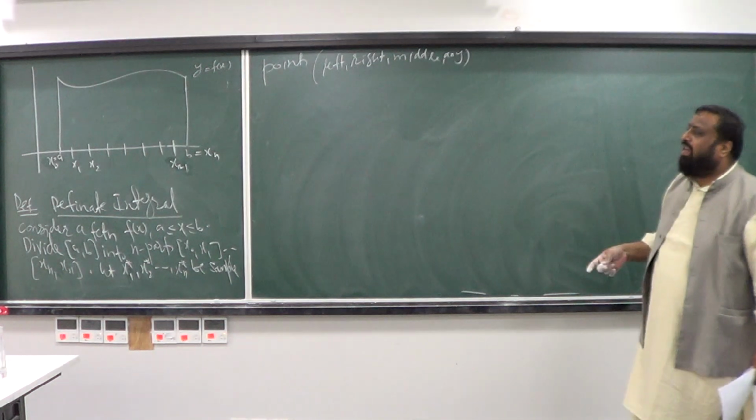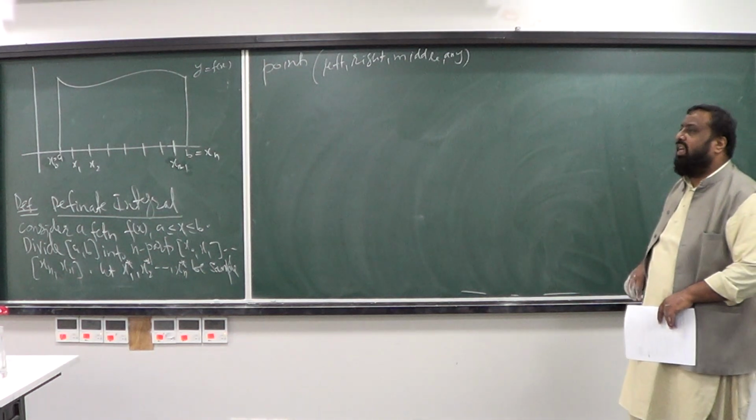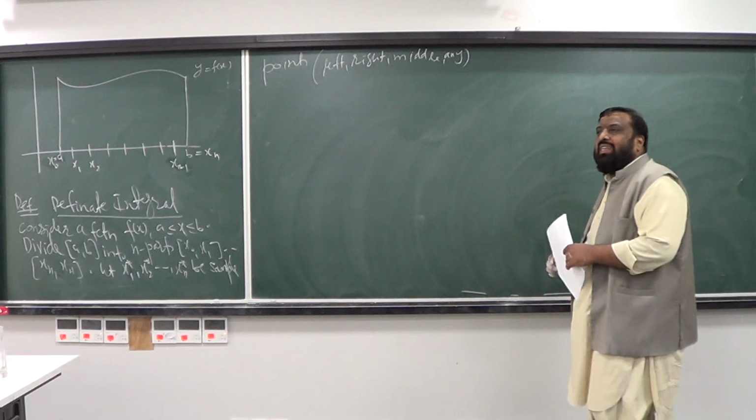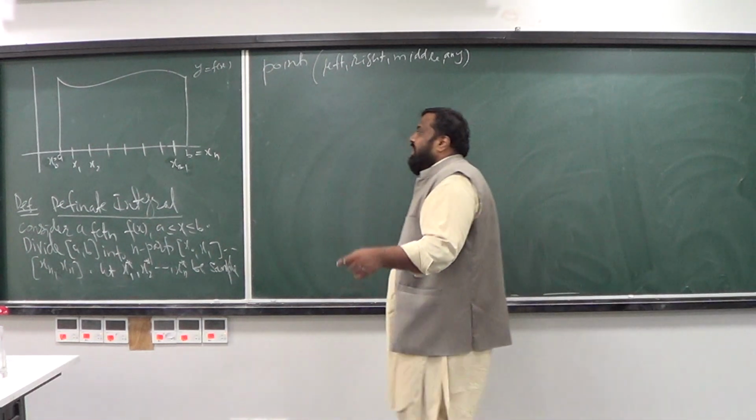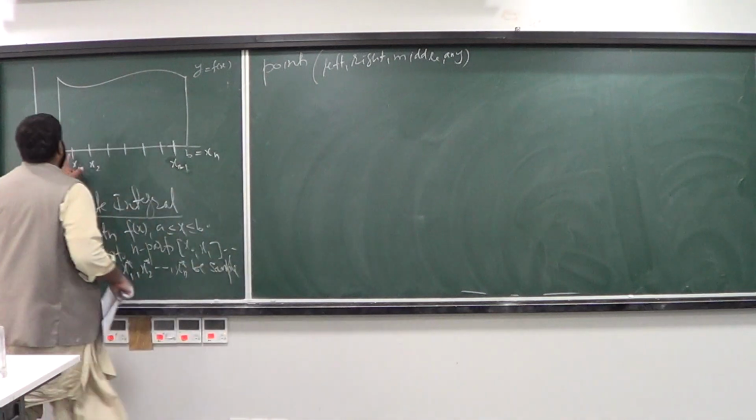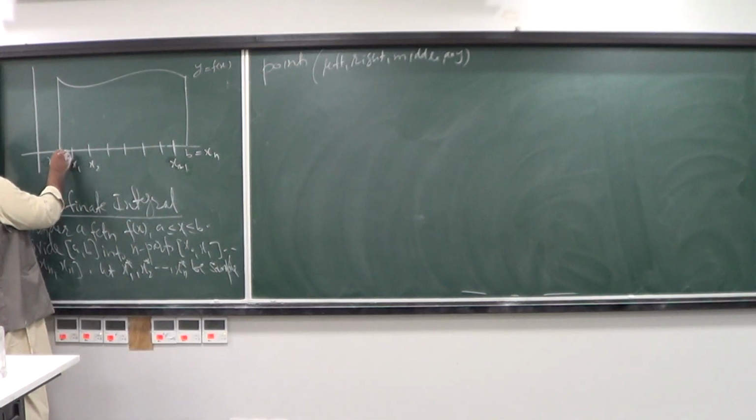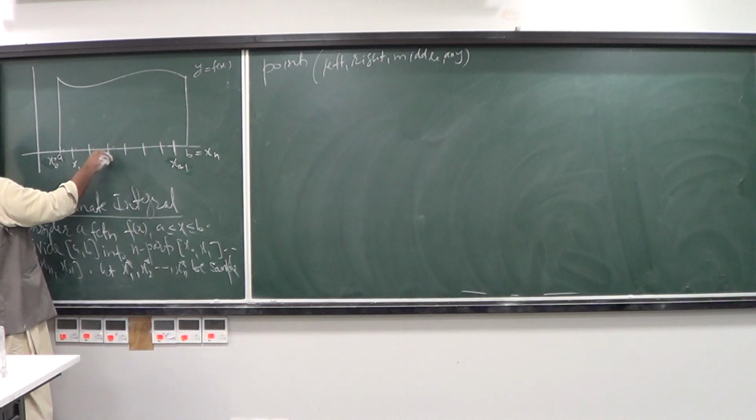So instead of the middle, for example, you decide to take the point that is at 1/3. So on each subinterval you don't want to choose the middle, but a point that is at 1/3 in each subinterval. It doesn't matter what you choose.